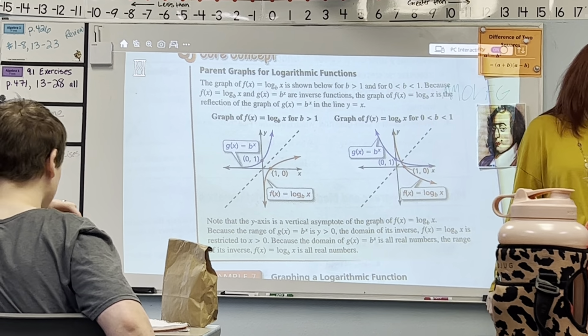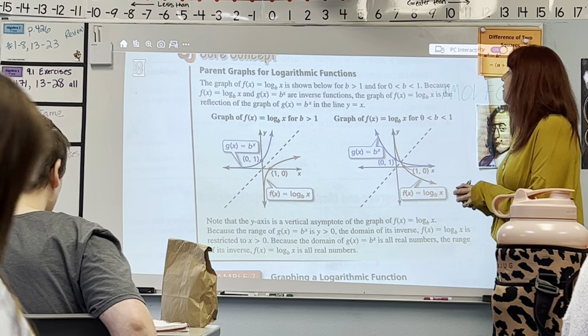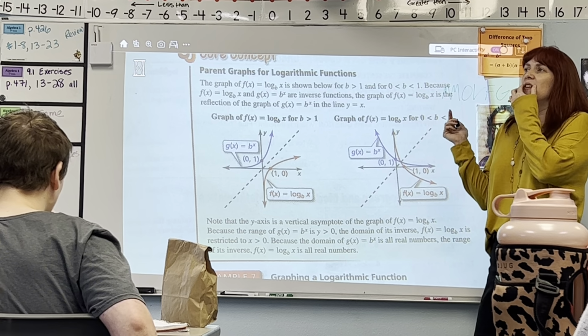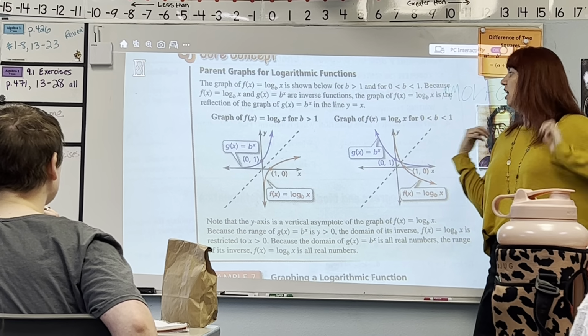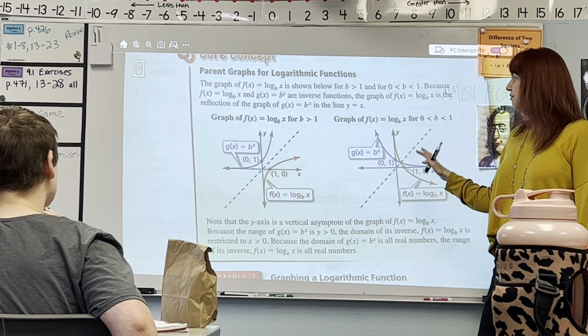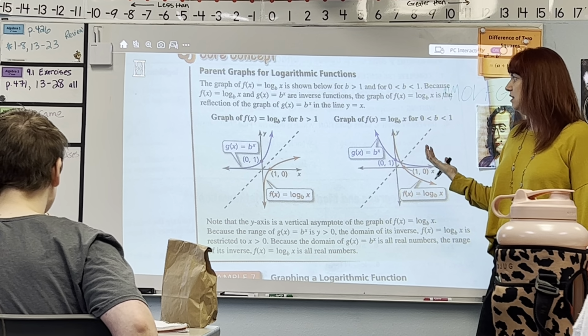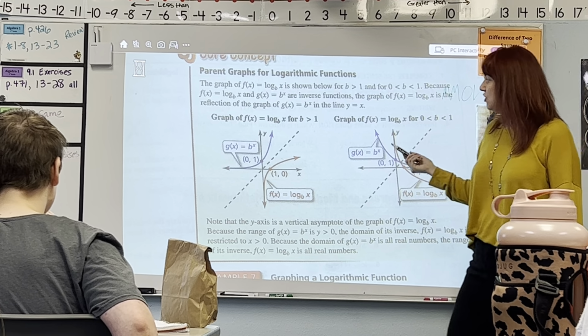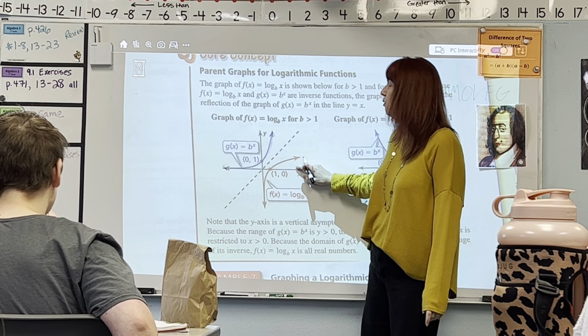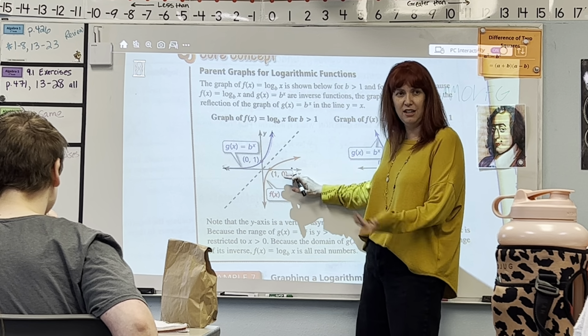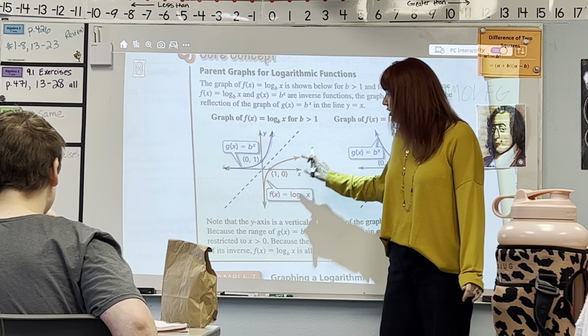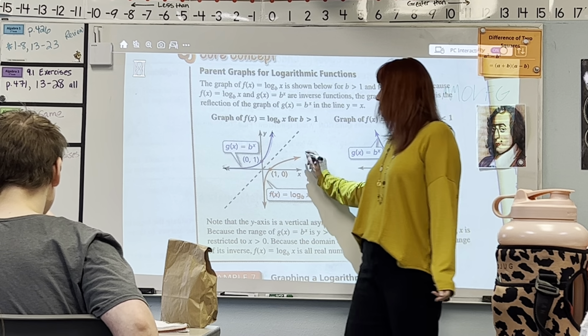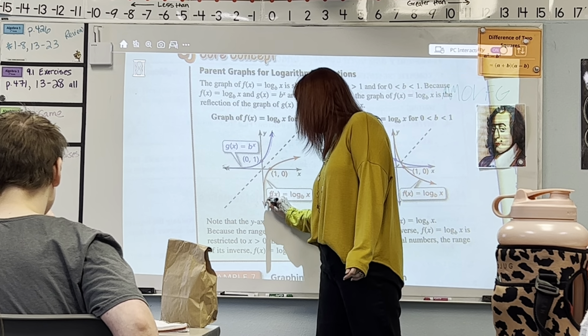Alright, let's look at the graphs. Last thing, we got 5 minutes. Remember I told you these are kind of like the cousin of exponents. An exponential function, remember we looked at those, has a horizontal asymptote, often the x-axis, but it can move. For a log graph, the asymptote is the y-axis.